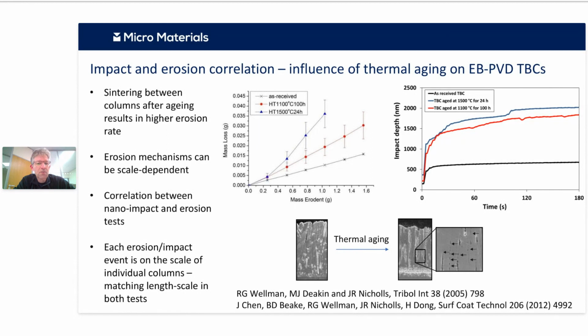It's particularly useful because in these types of small scale tests, the test probe has an end radius of maybe a micron or a few microns, and this exactly matches the scale of the columns. These columns are a few microns in diameter, and this is what happens in this erosion regime. So you've got a test method where you're accurately matching the contact footprint of the test, and this adds to its usefulness for correlating purposes.